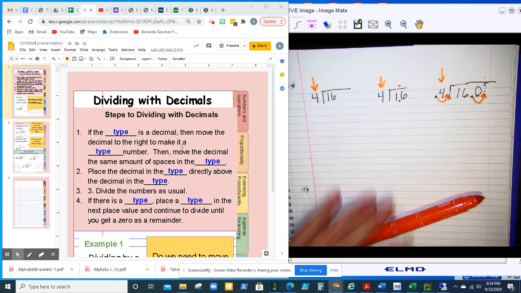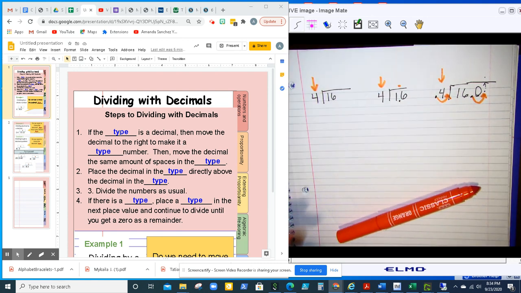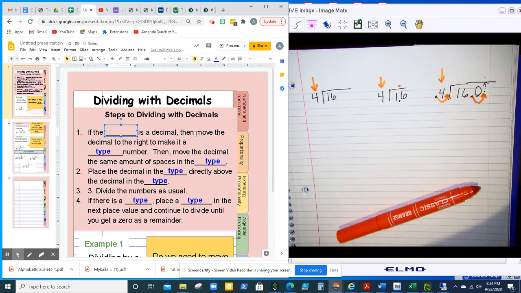So make sure that the number on the outside, which is the divisor, needs to be a whole number. So in your notes, if the divisor is a decimal, then move the decimal to the right to make it a whole number. Then move the decimal the same amount of spaces in the number on the inside, which is called the dividend.